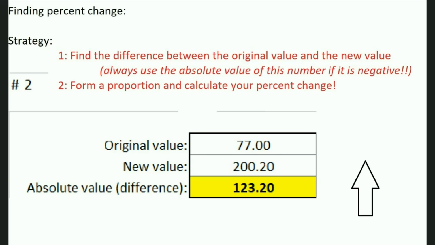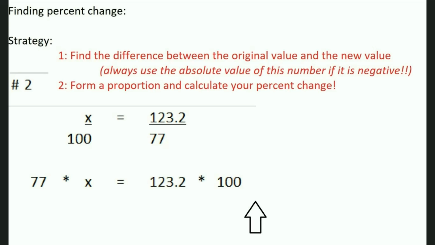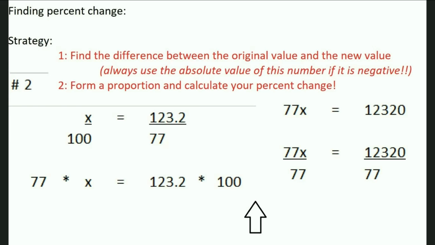Let's take a look at how to set up the proportion. Now we have x over 100 equals 123.2, our change, over the original value, which is 77 million. We just cross multiply. 77 times x equals 123.2 times 100. 77x equals 12,320. 77x divided by 77 equals 12,320 divided by 77, and we have x equals 160.